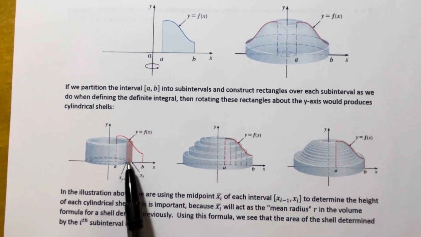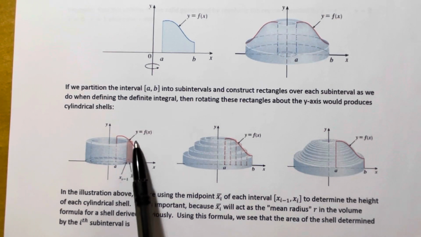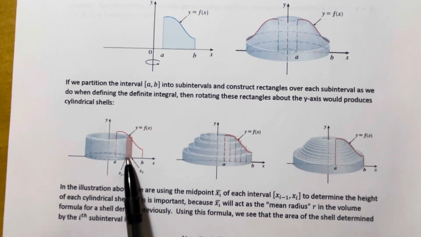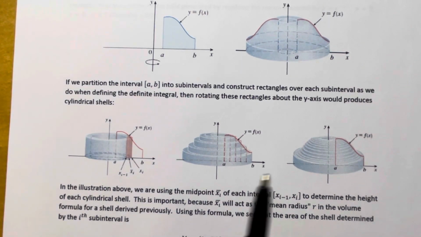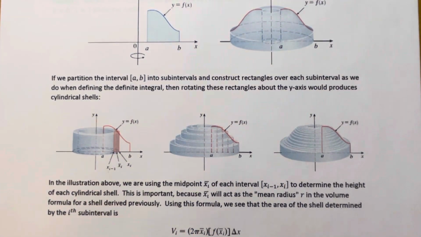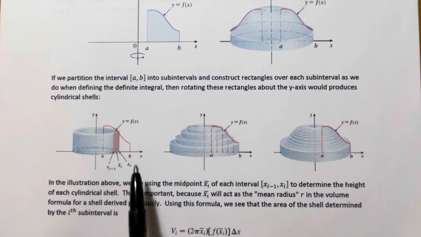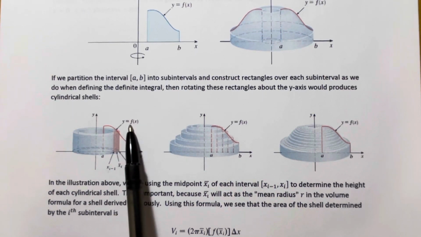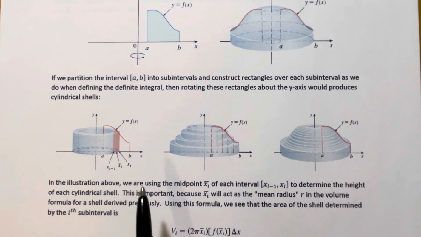If you recall, when we do the rectangular approximation method in Calculus 1, you need to choose some sample point in that subinterval, which you then plug into your function to determine the height of that rectangle. For this derivation, we don't want to just let that be any random point. We're going to be very intentional and choose the midpoint of that subinterval as the value that we plug in to get that approximating rectangle.